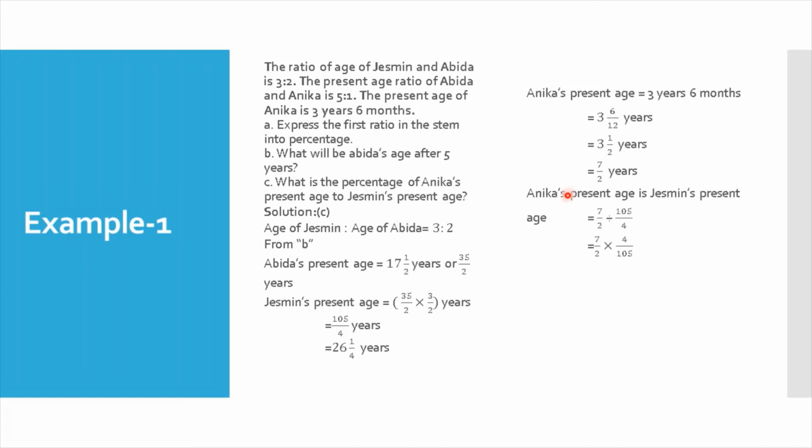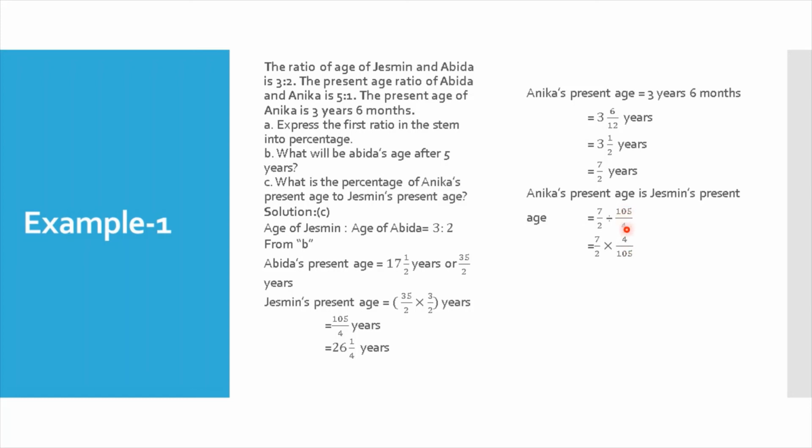So we can write down now Anika's present age is to Jasmine's present age equals 7 by 2 divided by 105 by 4. So 7 by 2 multiplied by 4 divided by 105, because we need to do the reciprocal.